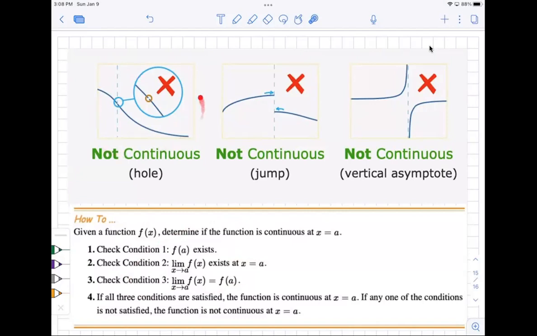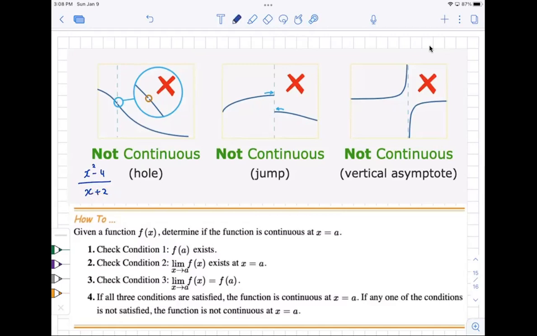If you are given a function and there is a hole or a jump, then that is a discontinuity. An example of a hole is usually a rational function, for example x squared minus 4 over x plus 2. At x equal to minus 2 you have 0 in the denominator.